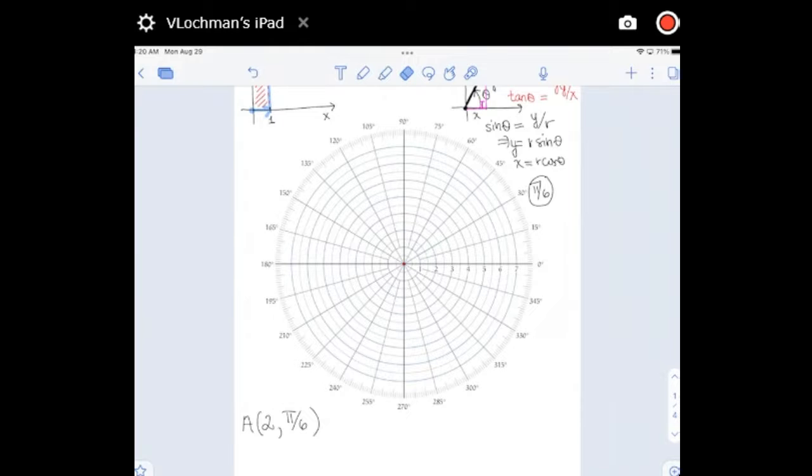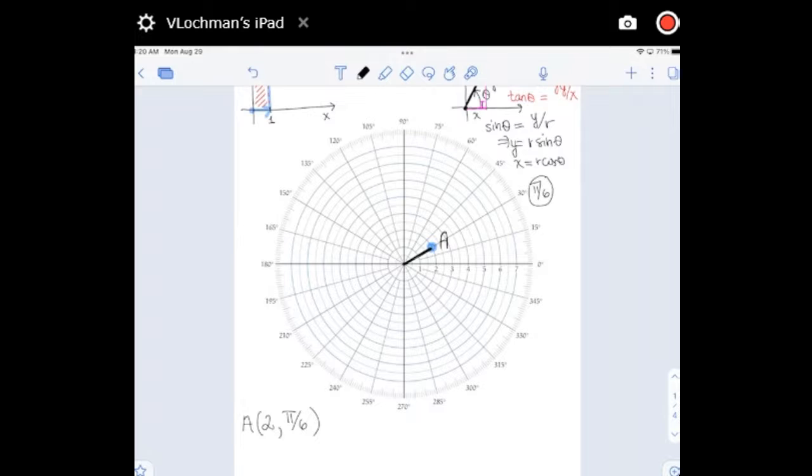And I go all the way to r = 2. So that's where I stop, right? So this is my point A with polar coordinates radius 2, angle pi over 6. Okay, let me go ahead and make this line segment right here to represent that radius. Okay, so that's my first point.